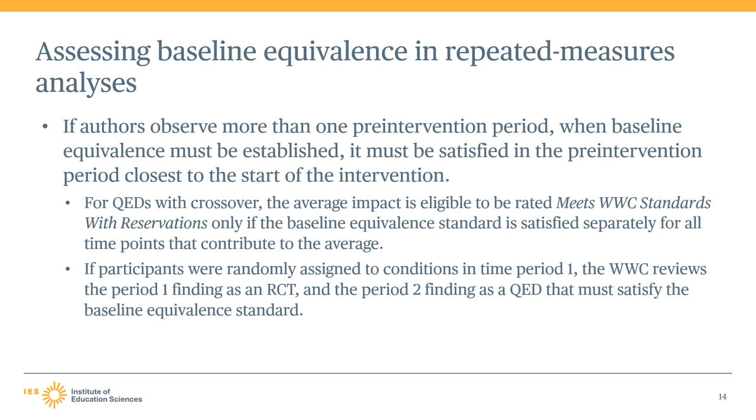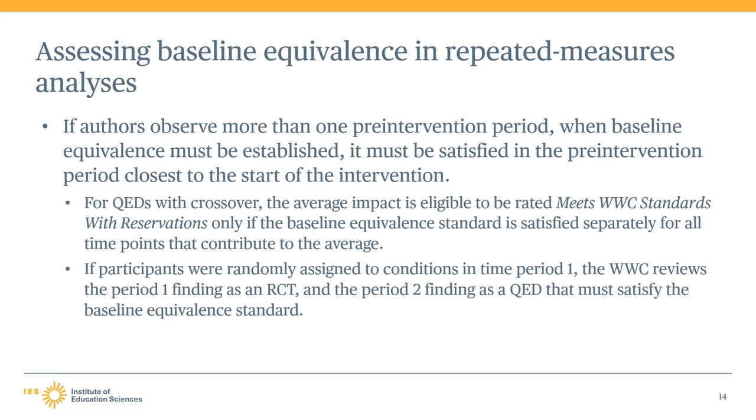However, if the study is a QED with crossover, such as the example discussed in slide 6, then the average impact is eligible to be rated meets WWC standards with reservations only if the baseline equivalence standard is satisfied separately for all time points that contribute to the analysis. In the example, although the two groups may have been equivalent at the start of period 1, exposure to the intervention for subjects in group A during period 1 might lead to differences in the groups at the start of period 2.